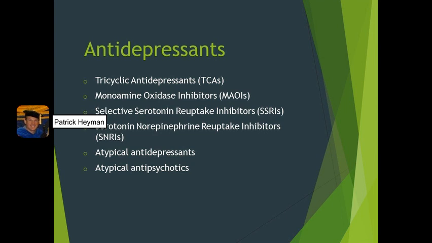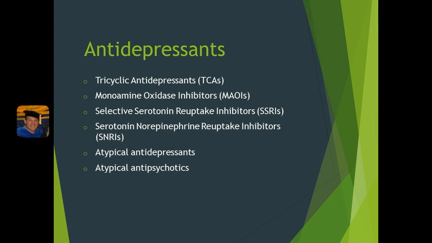Okay, when it comes to treating depression, we have several different classes of drug: tricyclic antidepressants, monoamine oxidase inhibitors, selective serotonin reuptake inhibitors, serotonin norepinephrine reuptake inhibitors, atypical antidepressants, and atypical antipsychotics.